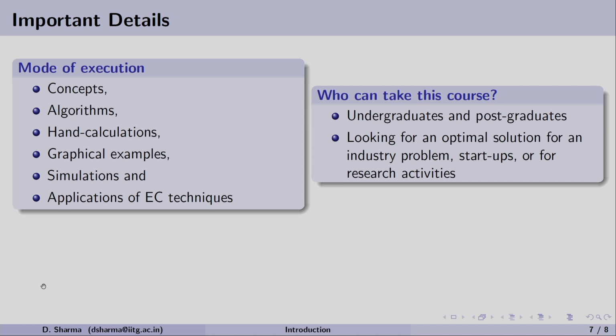Now, the important question is who can take this course? As we can see here, students, undergraduate or postgraduate, anyone can take this particular course. Moreover, any individual who is looking for an optimal solution for an industry problem, startup, or for a research activity, they can opt for this course.